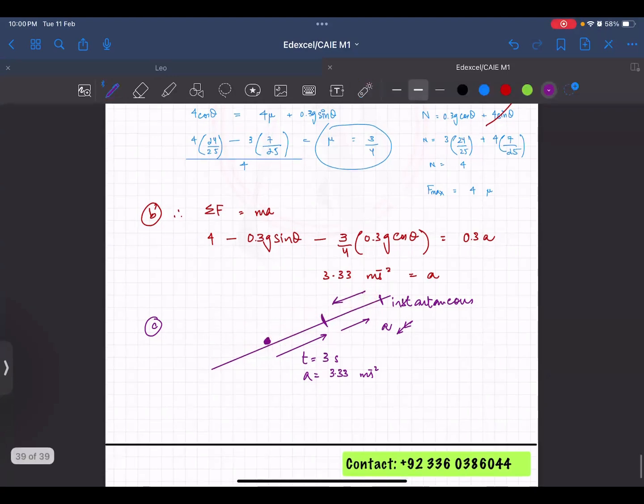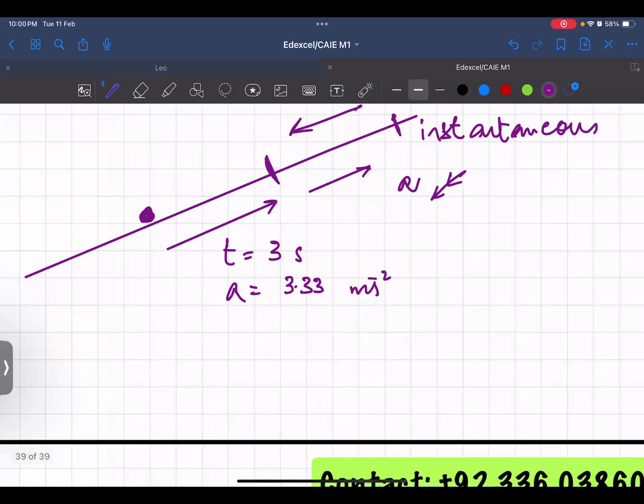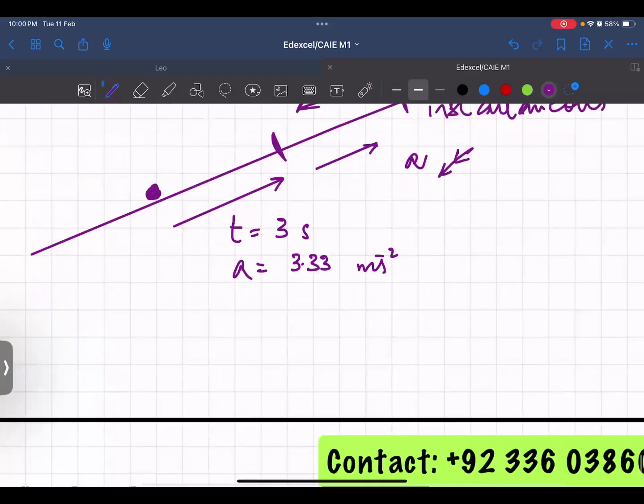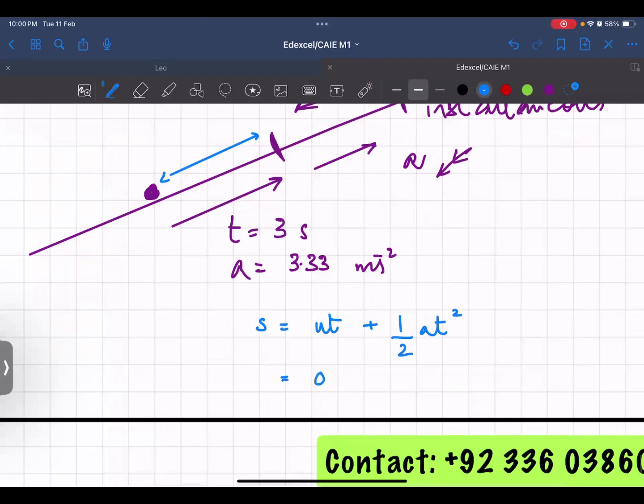So for that part, what are they asking us? Find the total distance. For this part of the distance, s is equal to ut plus half at square. We can apply this one. Initial velocity is 0. Time is 3.